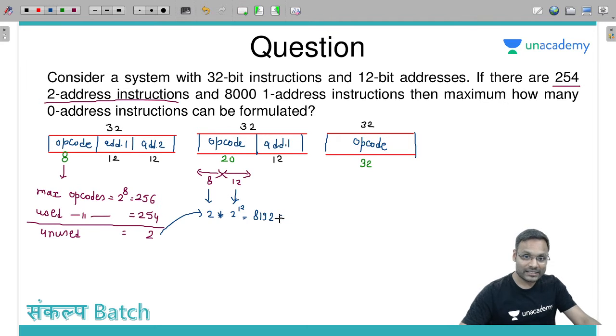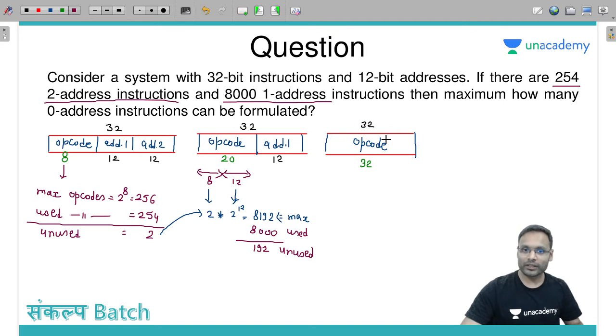These are the maximum one address instructions. Among those, 8000 are used. So how many unused opcodes? From here, 192. Let's go for the next one.